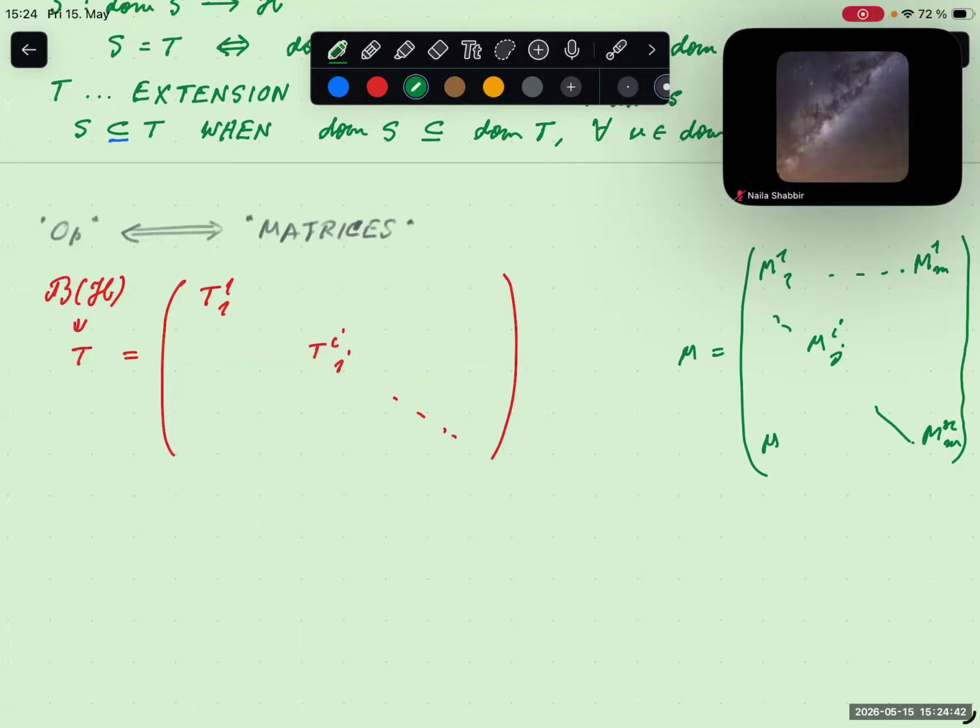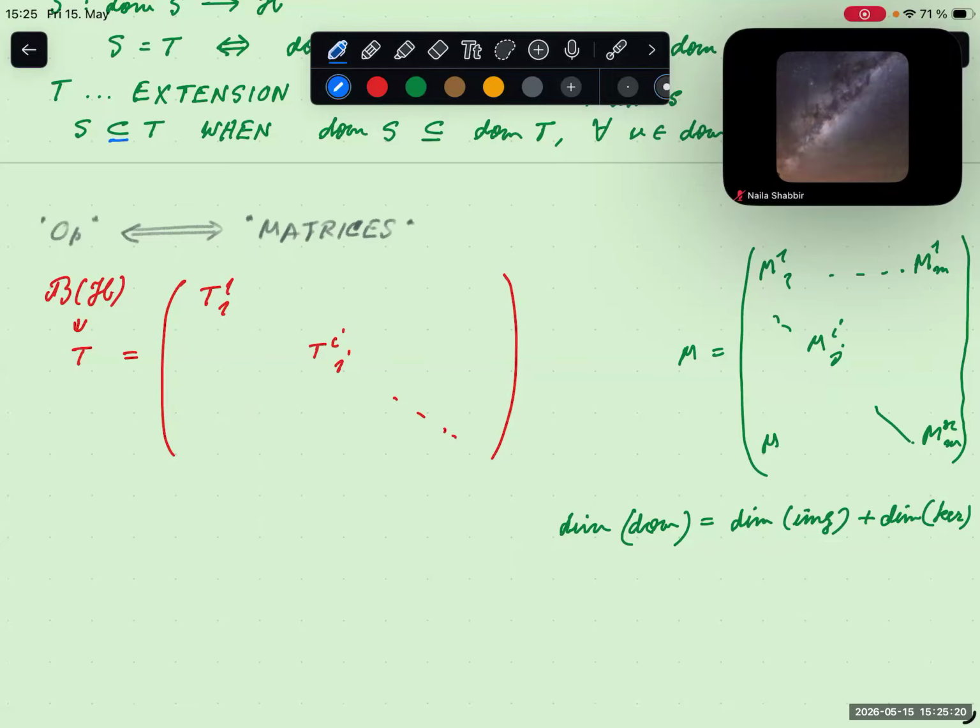As one of our participants wrote, what is this rank nullity theorem, which tells us that the dimension of the domain equals the dimension of the image plus the dimension of the kernel.